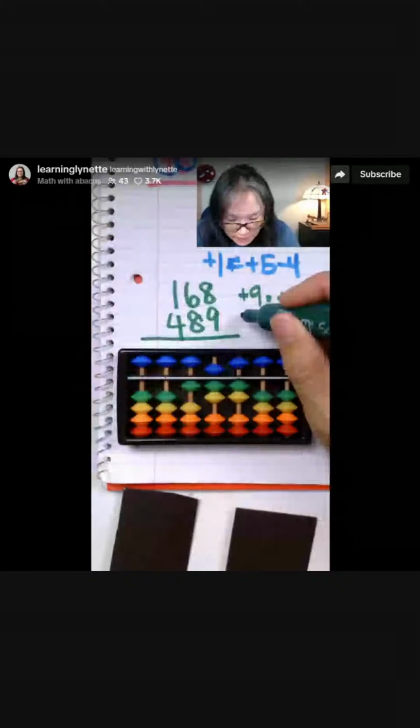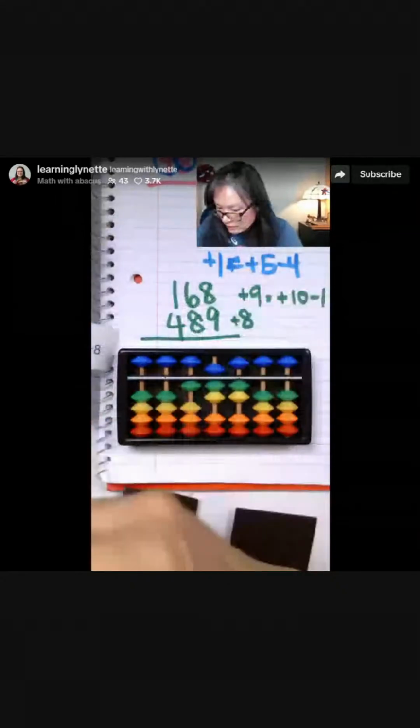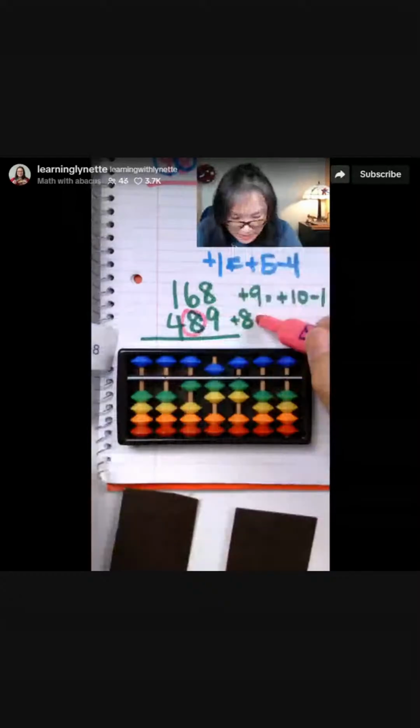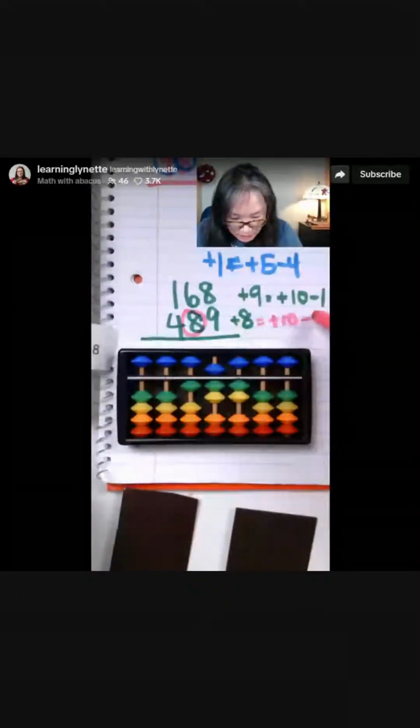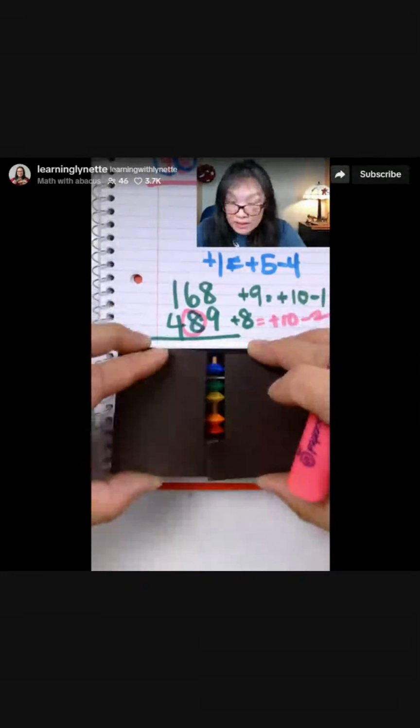Plus 8 is equal to plus the 10 minus 2. So what are we going to do? Plus the 10, 1, 0. Minus the 2. Take away the 2.